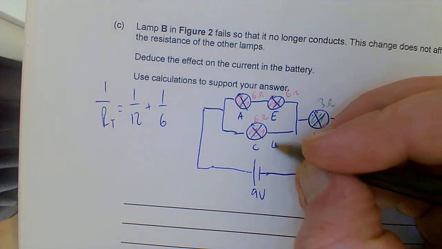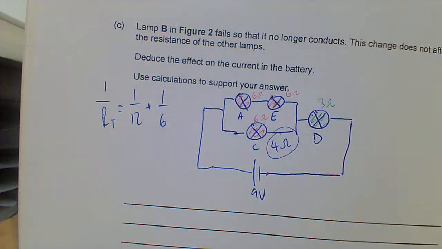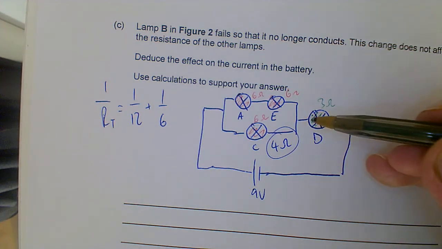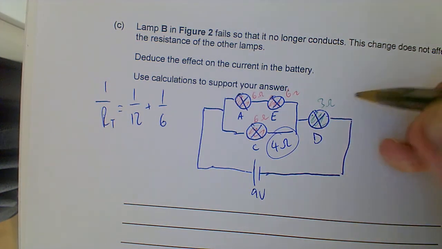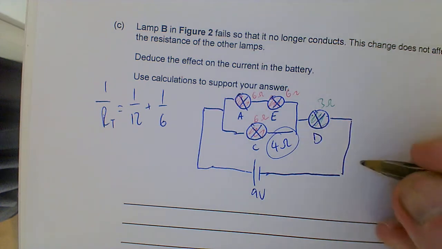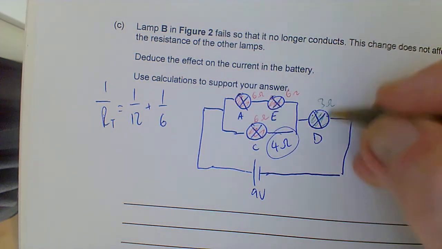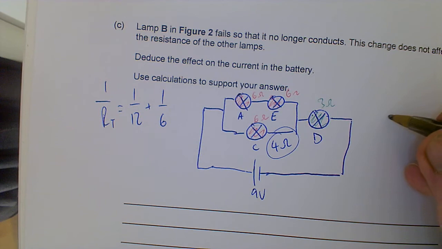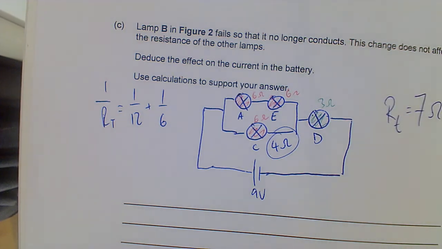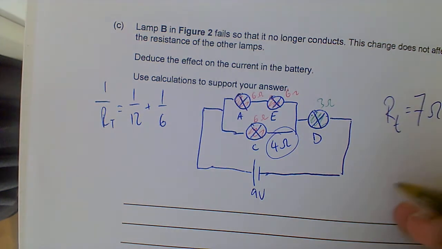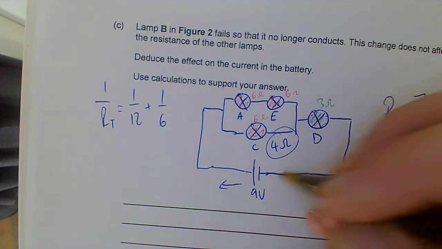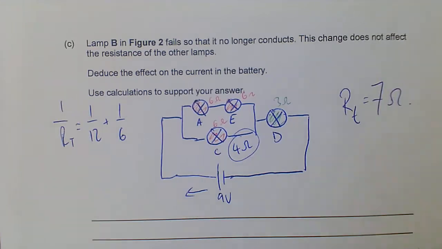So this now becomes an effective network of 4 ohms, and we add that to that one, because now we've got a 4 ohm network and 3 ohms together, so the total resistance in the whole series is 7 ohms. Now, what's the current going through the cell? Well, the whole resistance out here is 7 ohms.